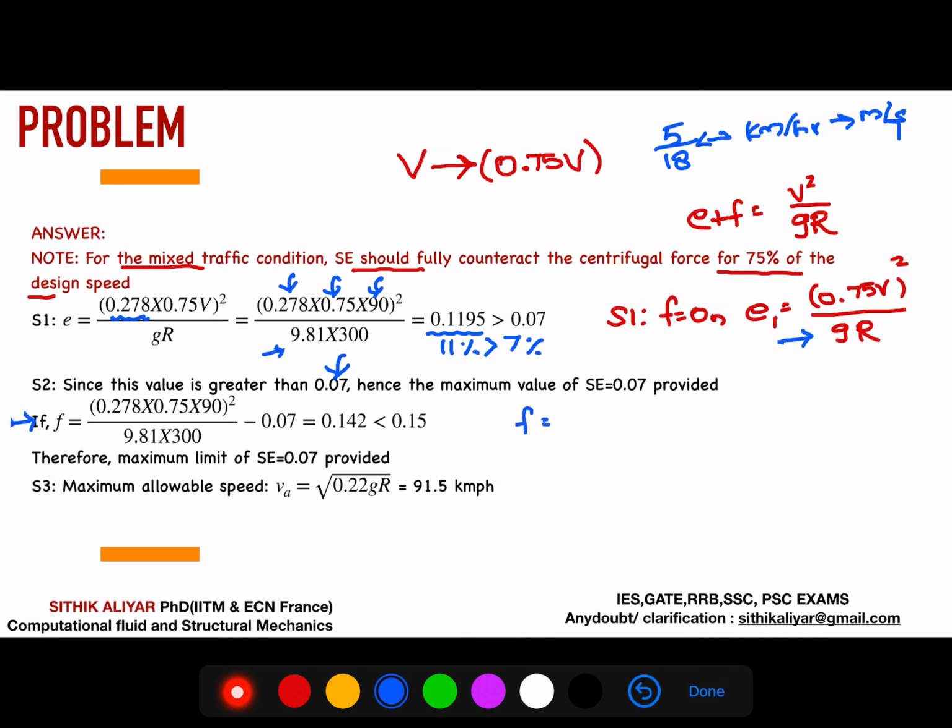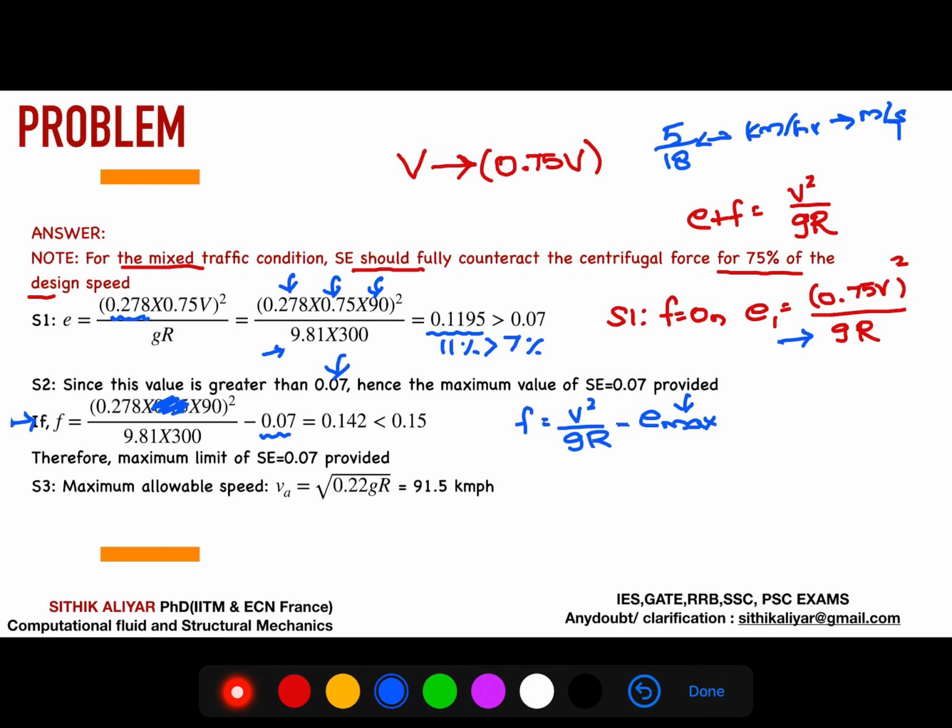Friction is equal to, again, V square by gR minus e. If you have written the notes, you can refer to them; this is your step 2. Here you should use the formula with e max. You can see e max is 0.07, so use it here. You cannot use this 0.75 here. Sorry, as per the design principle, you should use the 75% mixed traffic flow condition only in step 1.